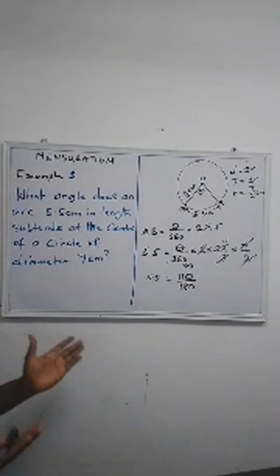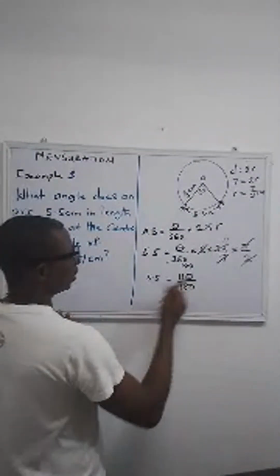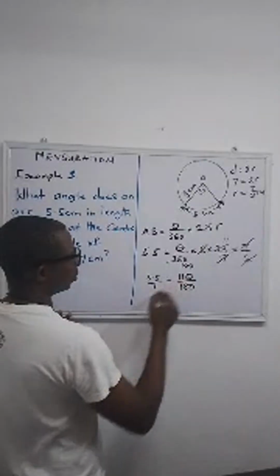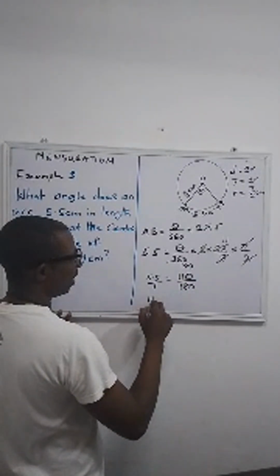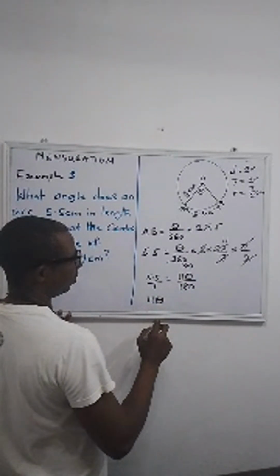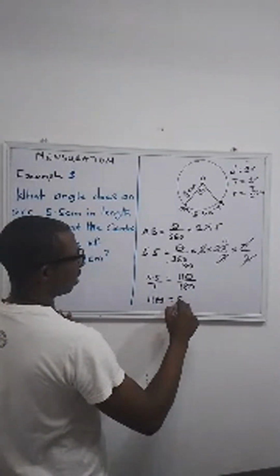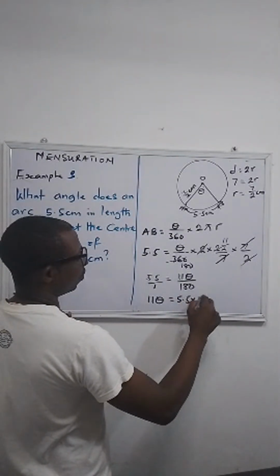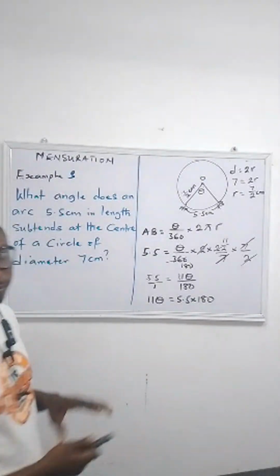So what do we do next? We cross multiply. So this is over 1. So you can cross multiply. You have 11 theta equals 5.5 times 180.